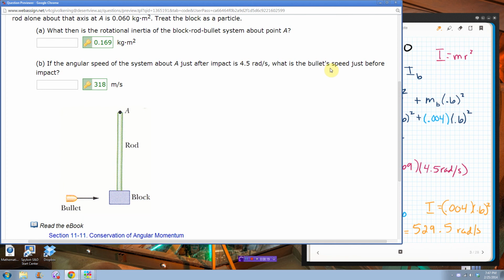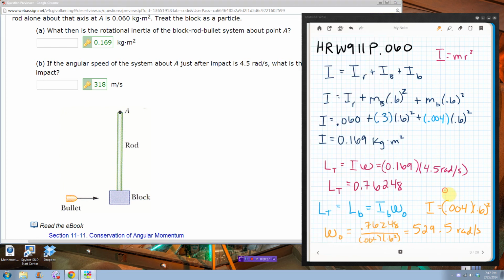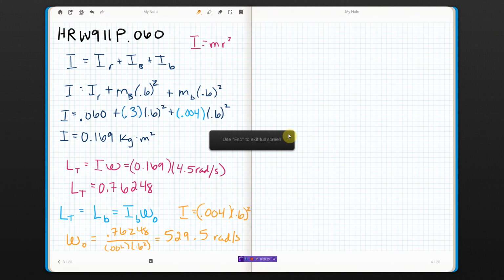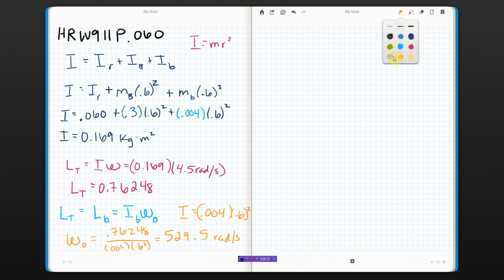Notice they didn't put the word angular in there. If they don't put the word angular or rotational or circular or something like that in there, they want linear. So they really want linear velocity. And linear velocity, as I'm hoping you know by now, is angular velocity times r. So I just found the angular velocity of the bullet before.